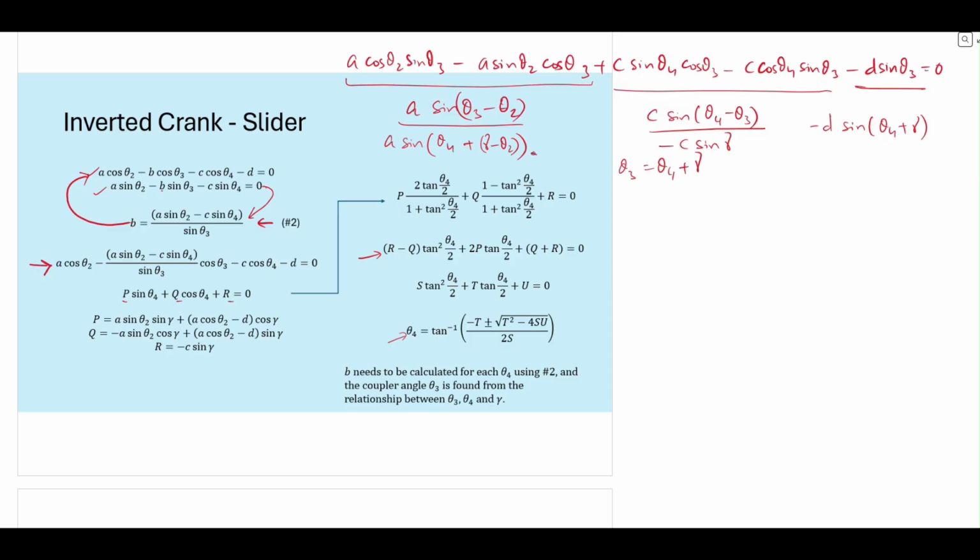And so now we can expand this and say it is a sine theta 4 cos of gamma minus theta 2 plus a cos theta 4 sine of gamma minus theta 2, plus we have this coming out to be d sine theta 4 cos gamma.